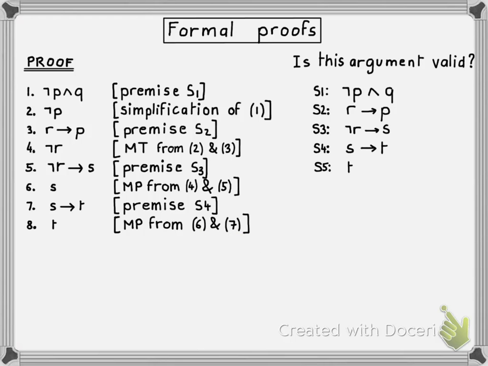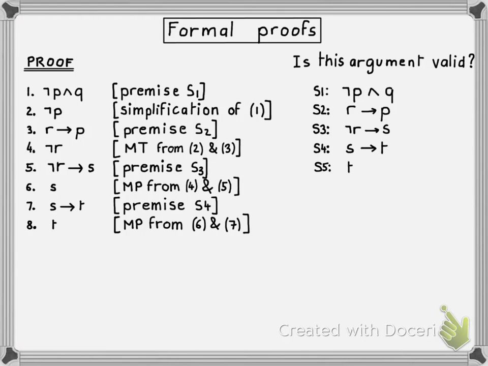So this is the end of the proof because we finally managed to establish that T must be true using only the premises in the argument as well as intermediate propositions that we were able to prove using inference rules. So this is our complete proof that this argument is valid.